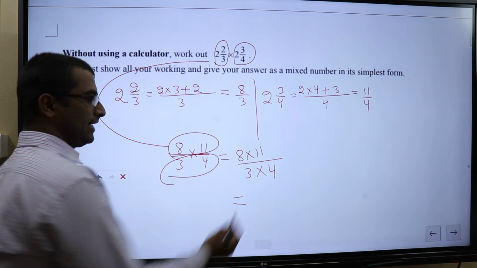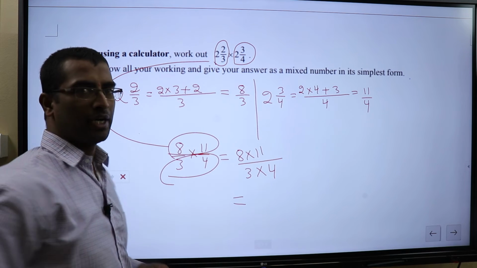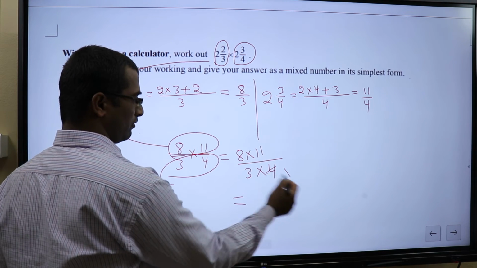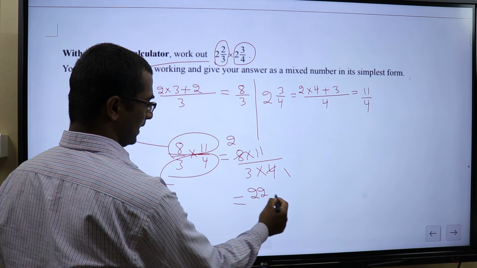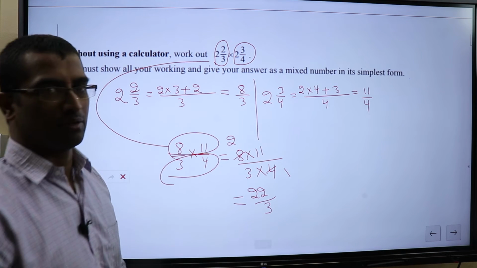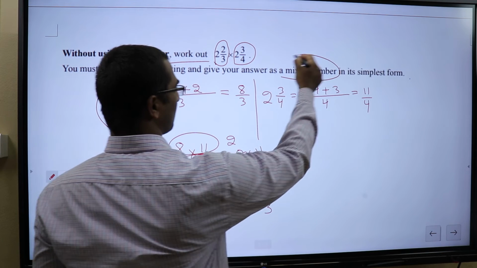Now see, is there any option of cancelling out anything? I can cancel 4 and 8. So 4 ones, 4 twos. So 2 into 11, 22/3. Nothing more can be cancelled out. He wants this to be in the mixed number.